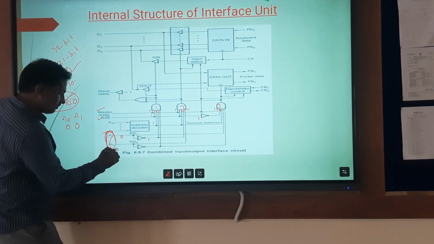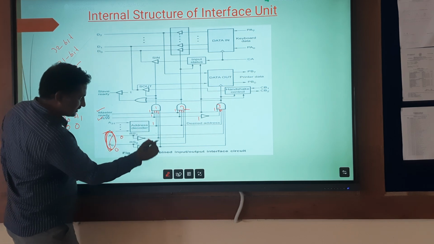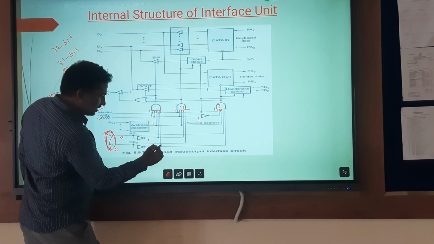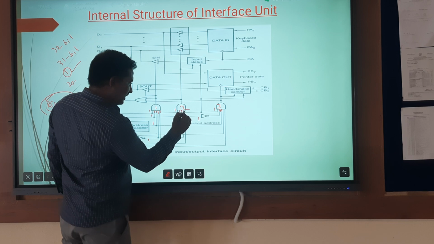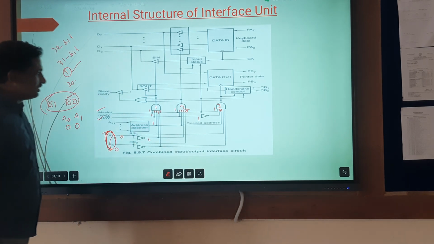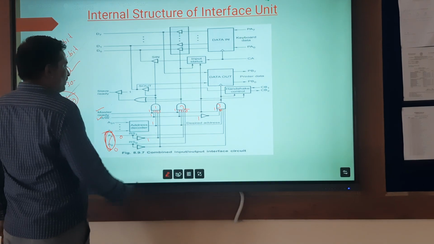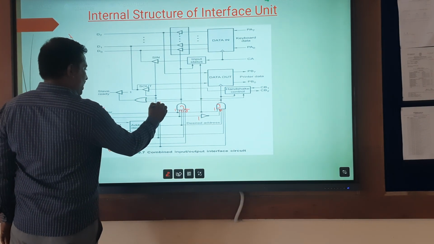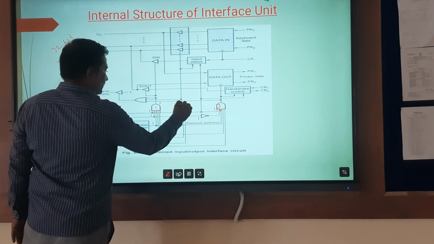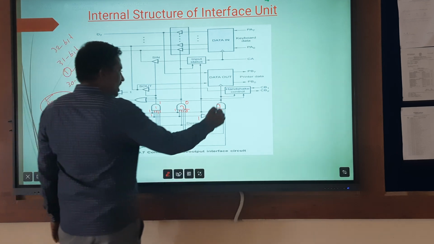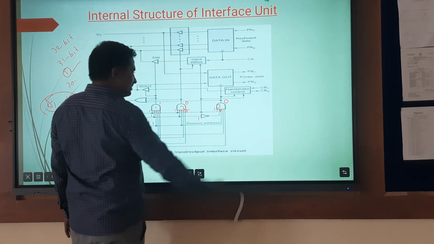Now this is 0, 0 means the down one will be connected, here it is 1 and here it is directly connected, it is 0. Now here we are getting the output as 1, and here we are getting the output as 0, and here we are also getting the output as 0.